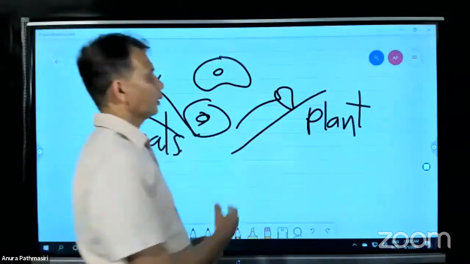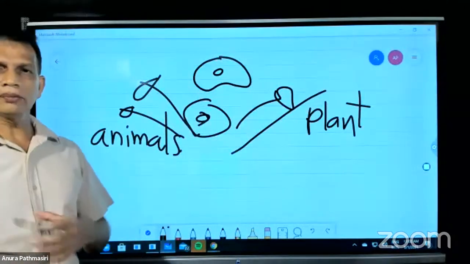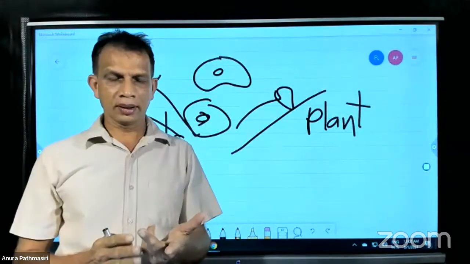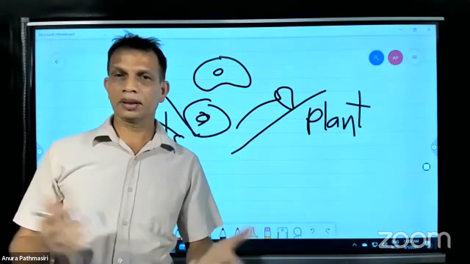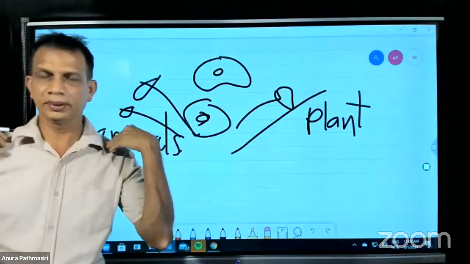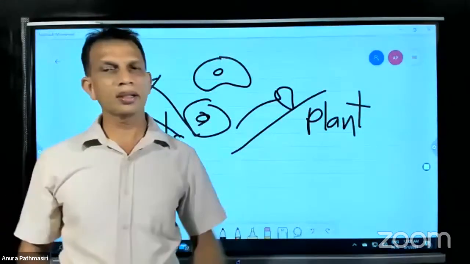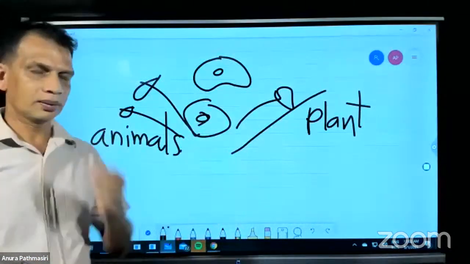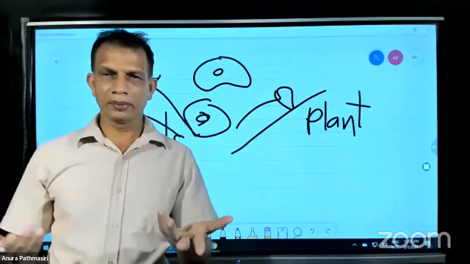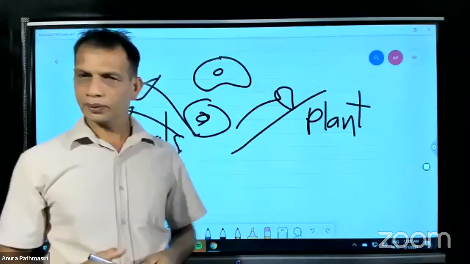After that, the animals, starting from the protozoans, amoeba, paramecium, and the coelenterata, animals which do not have the vertebral column, then Annelida, Mollusca, Arthropoda, and finally the vertebrates like reptiles, aves, fish, and people.